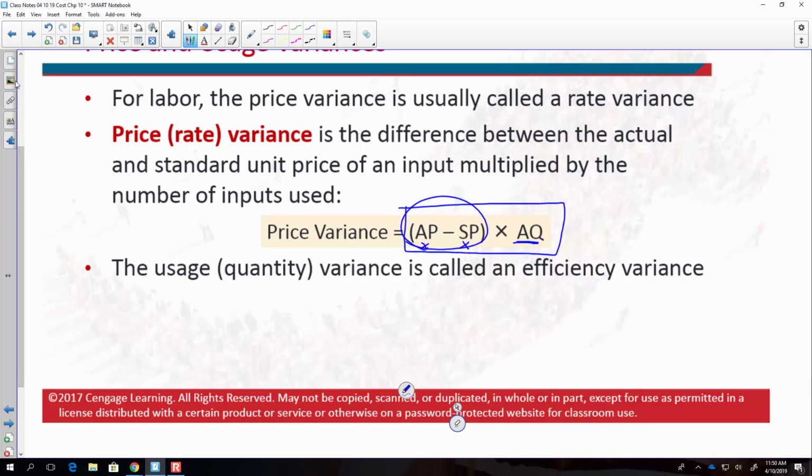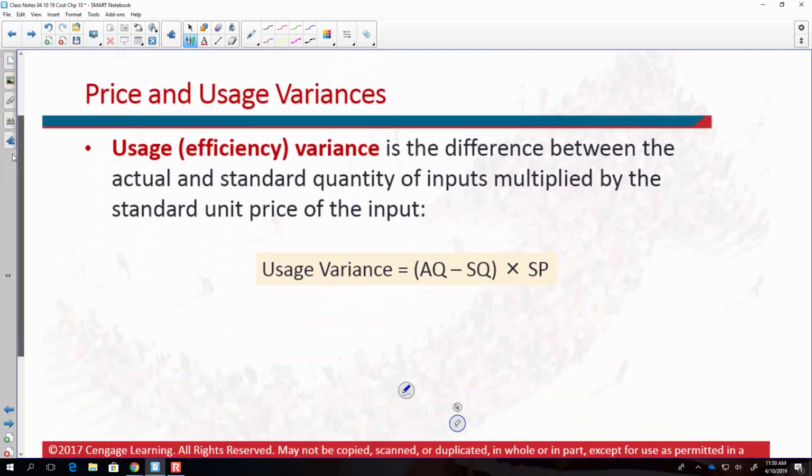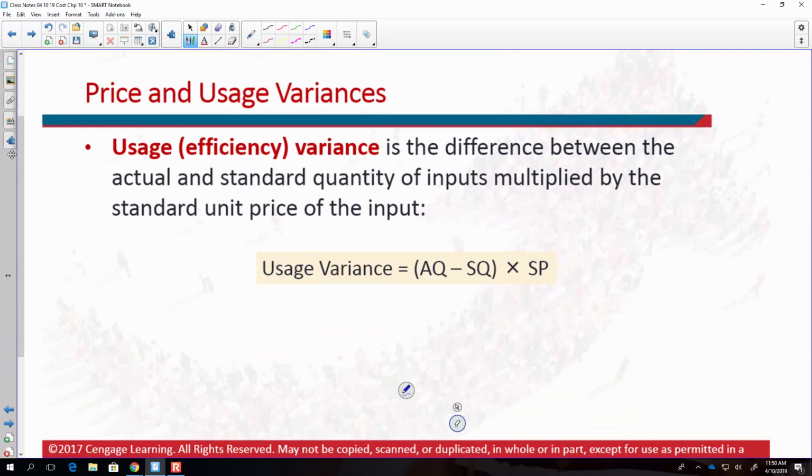So know those letter designations. And then they have the other one, the usage or efficiency variance. Now we're looking at the actual used compared to the allowed amount.